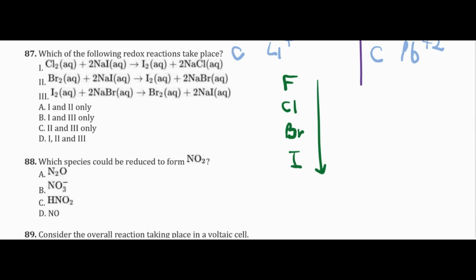Okay, so in the first instance, yes, chlorine will swap with iodine. Chlorine is more reactive. In the second reaction, bromine will swap with iodine. Yes, it will. In the third reaction, iodine will not displace bromine because it's less reactive. So that leaves us with A.